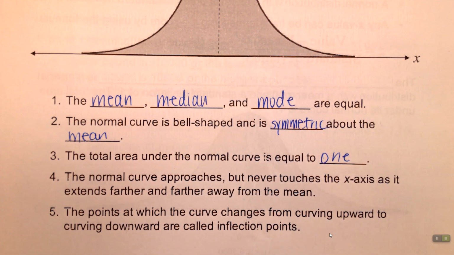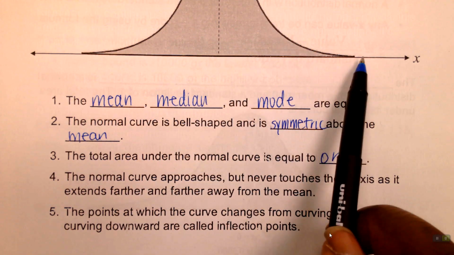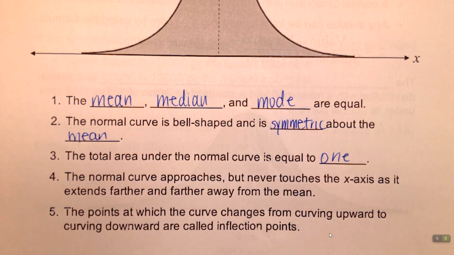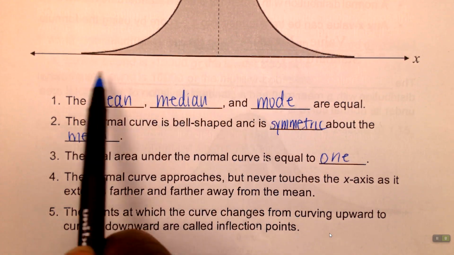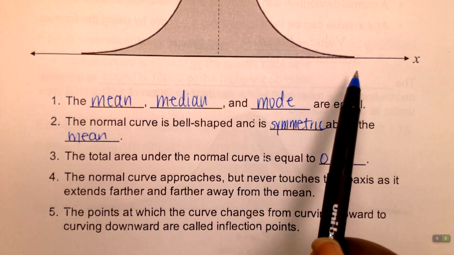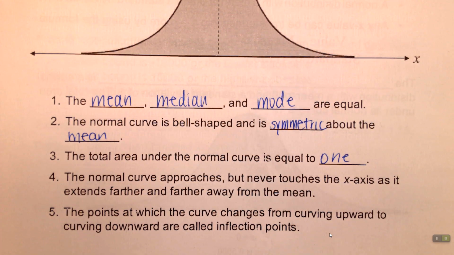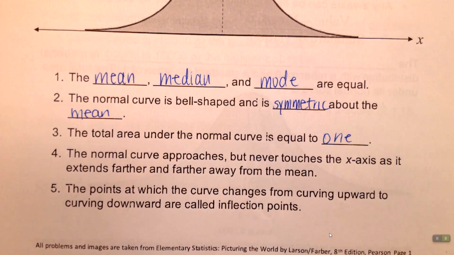So that means that this graph, when we graph it, will never cross that x-axis, because this represents our probabilities. If we come down here, that means we have negative probabilities, and that's not possible. The points at which the curve changes from curving upward to curving downward are called inflection points.